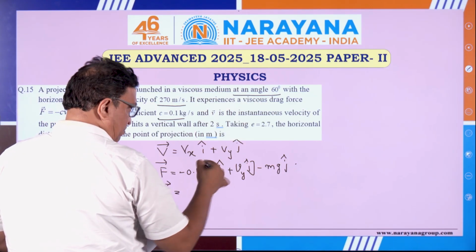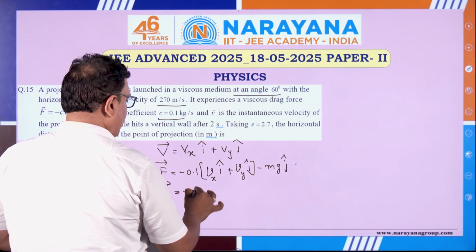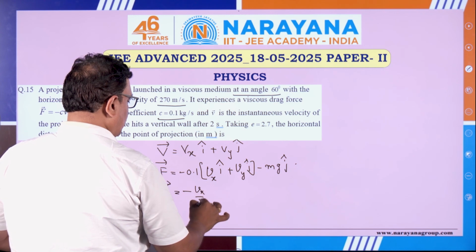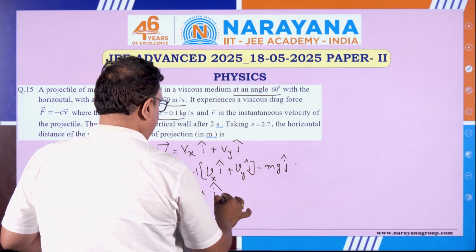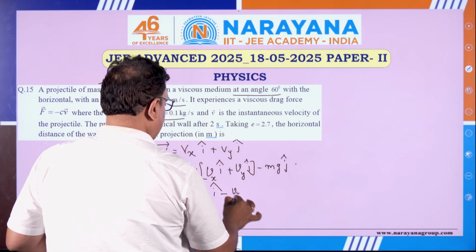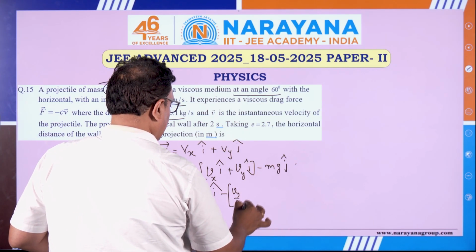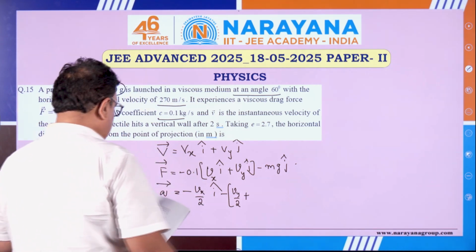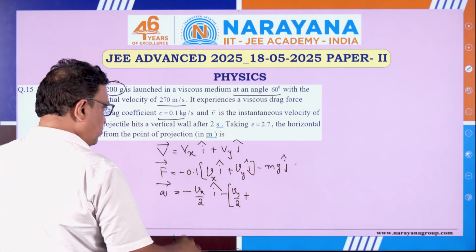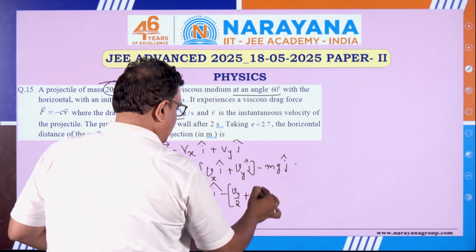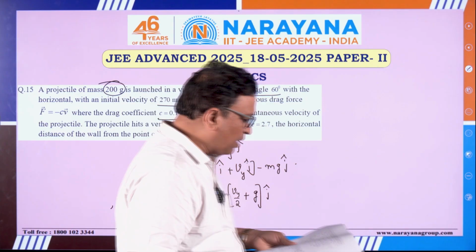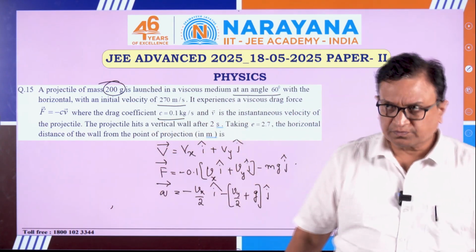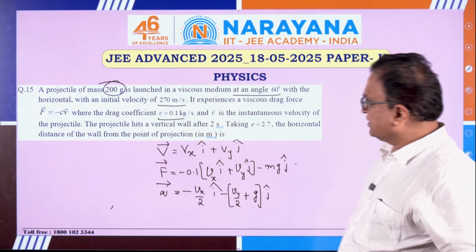Literally this is 1 by 2, which means minus Vx by 2 i cap, minus Vy by 2 j cap, minus G times j cap. That's a bar, the acceleration vector. This is the basic data that we have.